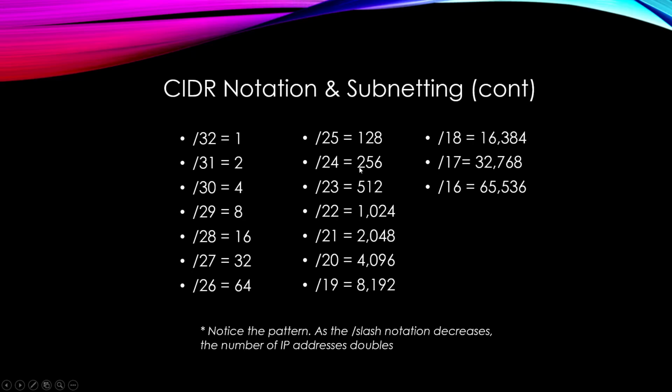And then you can also go the other direction. Most of the time, you're just going to see /16, /24, and /32. In some cases, you'll also see /25s, but I'll get into that. And the way that the cloud networking works, there's not a whole lot of reason to use a lot of these other things. So you don't see them as often, but they're totally fair game. You can use them if you want to.